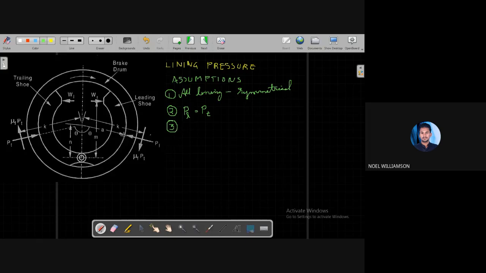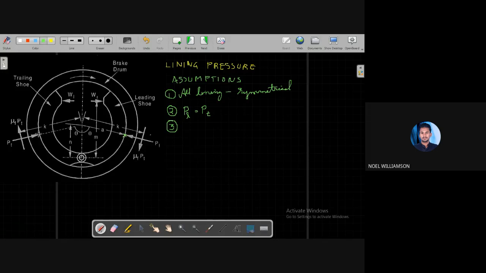The particular lining makes contact with the drum at a particular point, and at that point PL will be acting. Somewhere over here in this figure, it is assumed that this is the point of contact of the lining with the drum, so PL will be acting at this point.